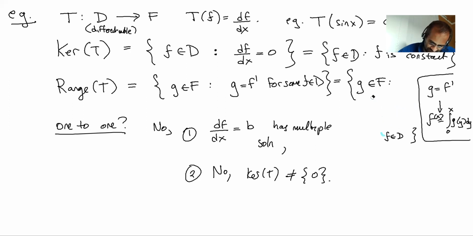Sorry, this is just a mistake. So I'm trying to solve the equation G equals F prime. I'm asking what is the set of G such that G equals F prime. In the box, I integrated both sides, and I got that there is a solution. Actually, there are many solutions. I guess there's a plus C here.